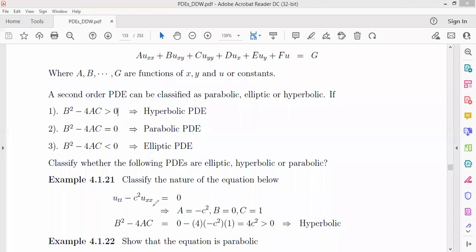Okay, so that means that since you have a UTT, then that UTT is the so-called C equal to 1. And then we can do the necessary substitutions.